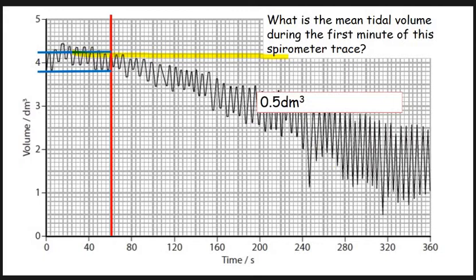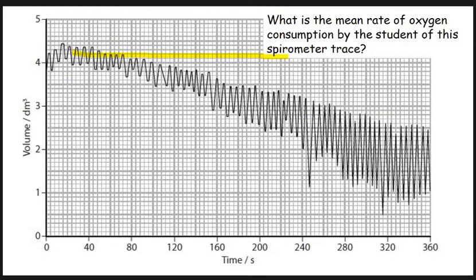And then the last thing we're going to do is look at the mean rate of oxygen consumption by the student for this whole spirometer trace. Now the trace is 6 minutes, 360 seconds. So you draw a line from the top to the bottom and a line from the bottom straight across, and then that is your difference.